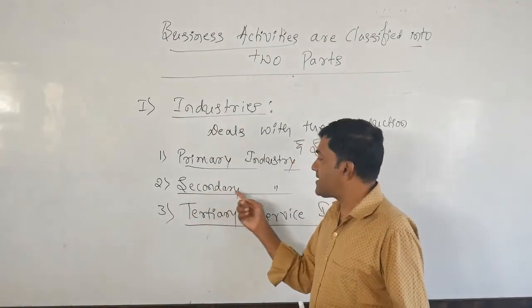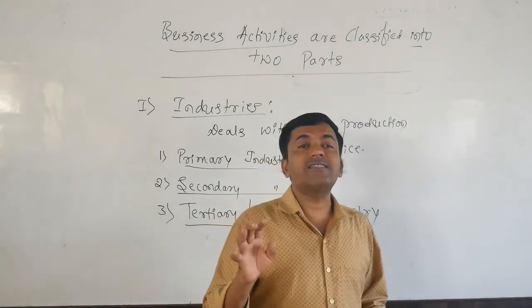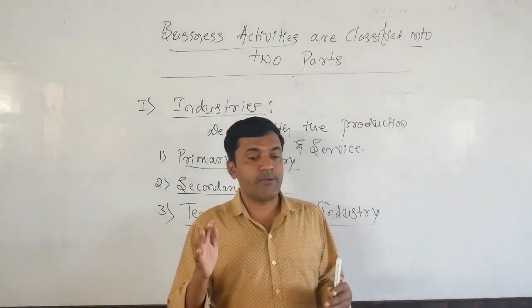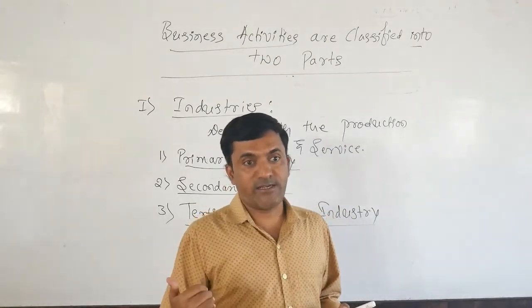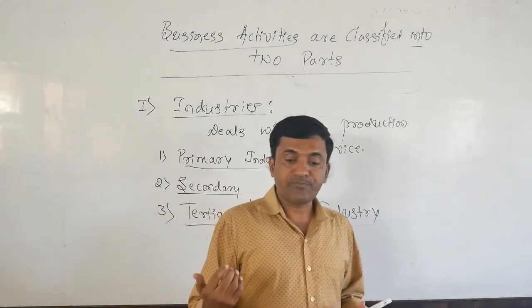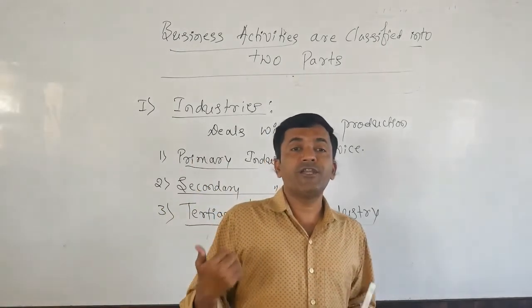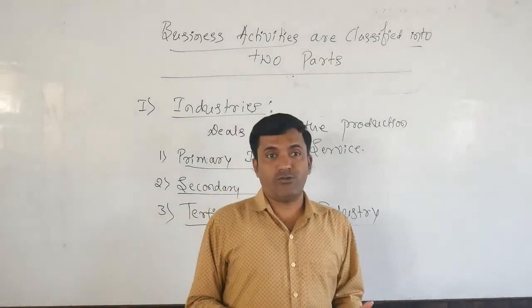So let us discuss the secondary industry. Dear students, these are the secondary industries, which are quite apart from the primary industries. In the primary industries, we get the product with the help of natural resources.